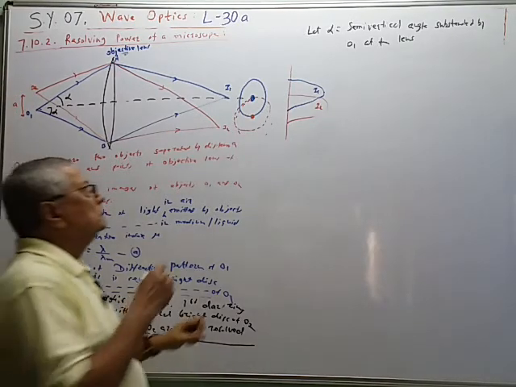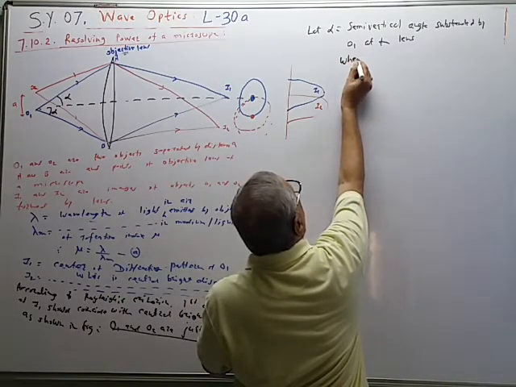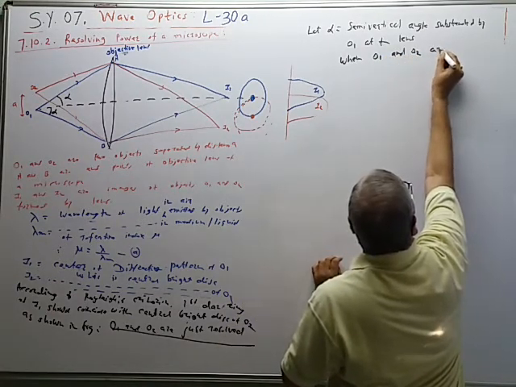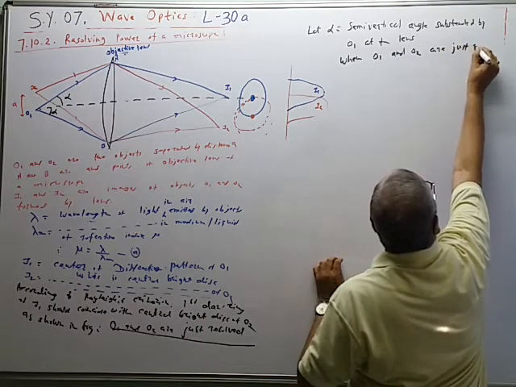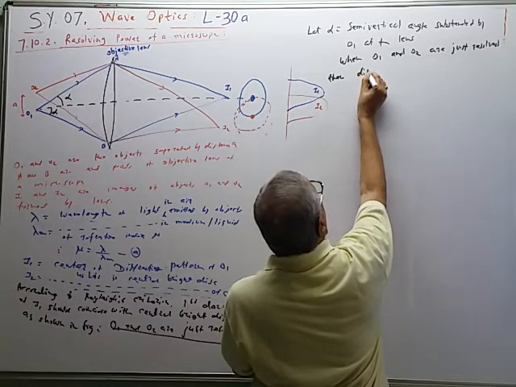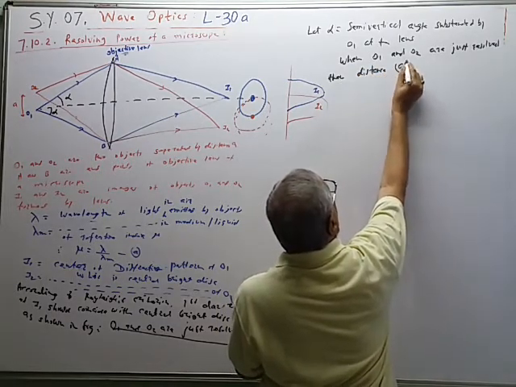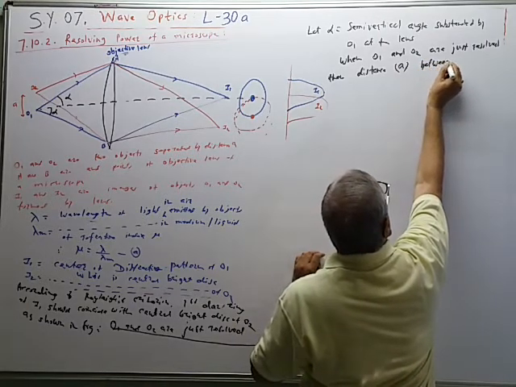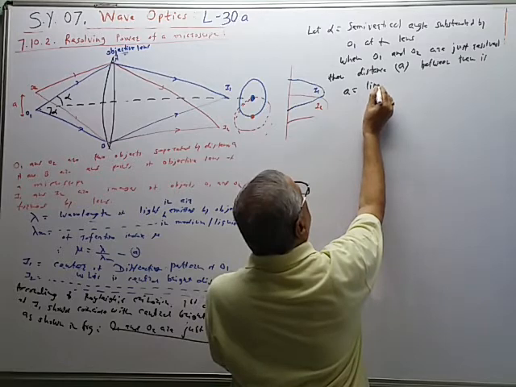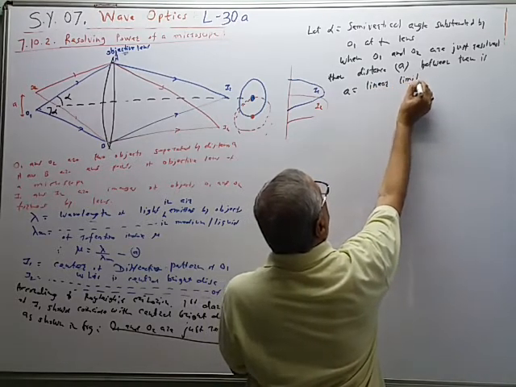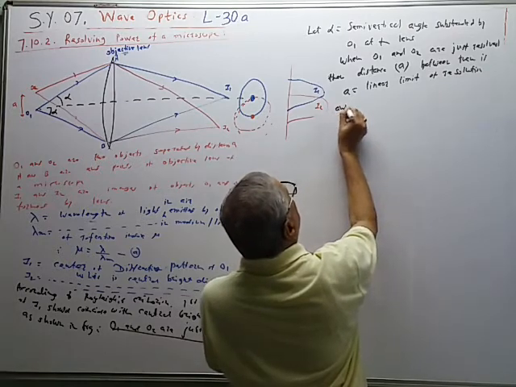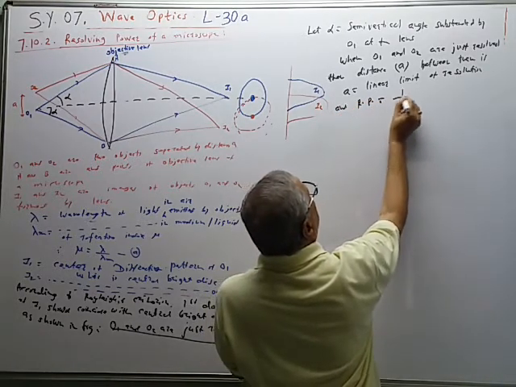So when O1 and O2 are just resolved, then the distance between them, distance e, is equal to the linear limit of resolution, and resolving power RP is equal to 1 upon e.